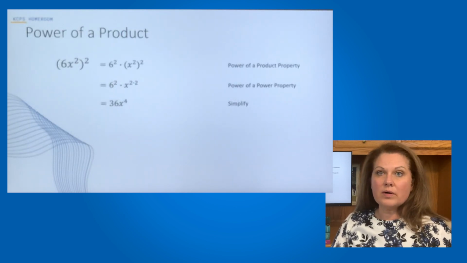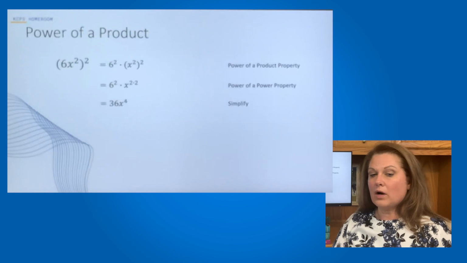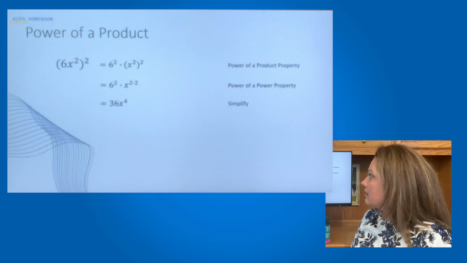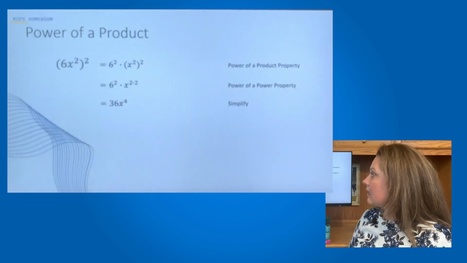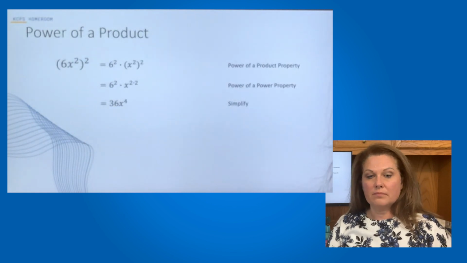Now we're also going to do x to the second times 2, so that would be x to the 4th. So our simplified answer for 6x to the second power, all to the second power, would be 36x to the fourth.